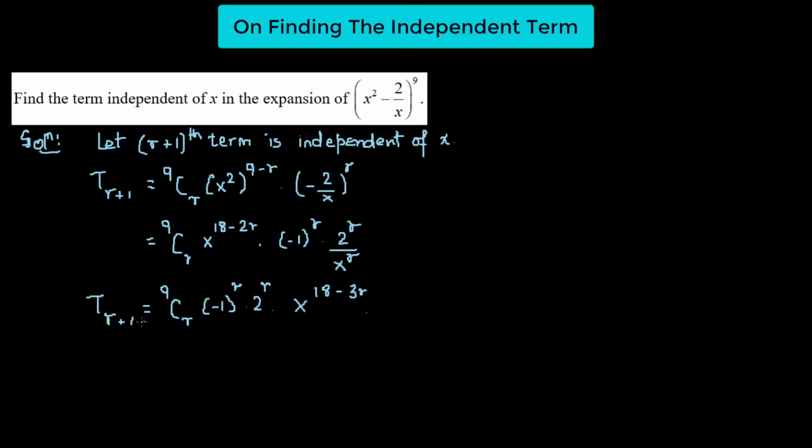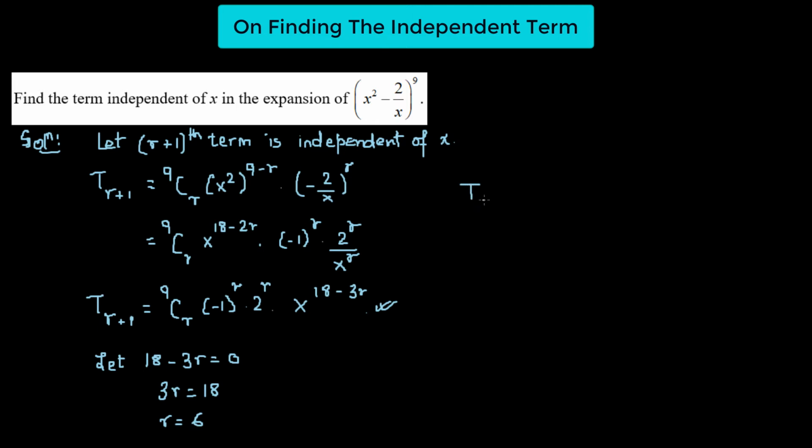Now, in order to find the term independent of x, we set 18 minus 3r equal to 0, such that 3r is equal to 18 and r is equal to 6. So we have the r value. Now let's substitute the value of r into this equation.